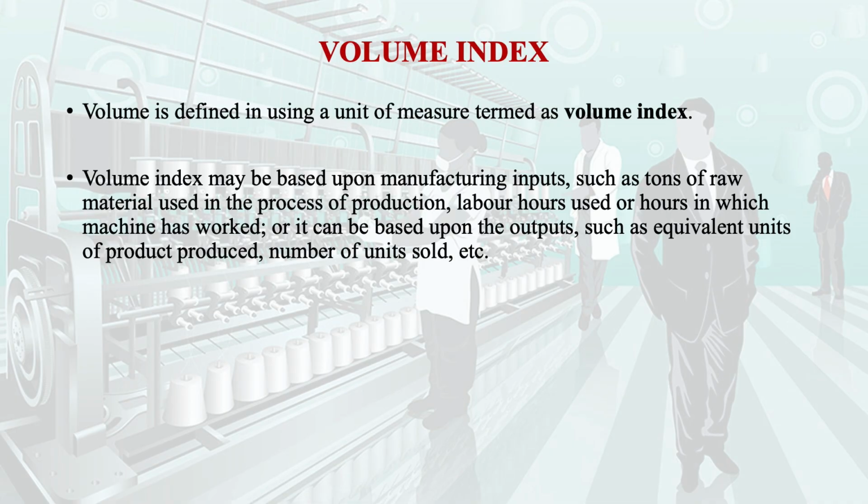Volume is defined using a unit measure termed as the volume index. Volume index may be based upon manufacturing input such as tons of raw material used in the process of production, labor hours, or hours in which the machine has worked.